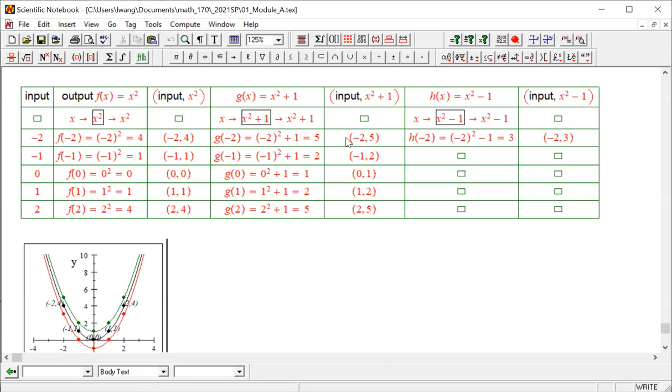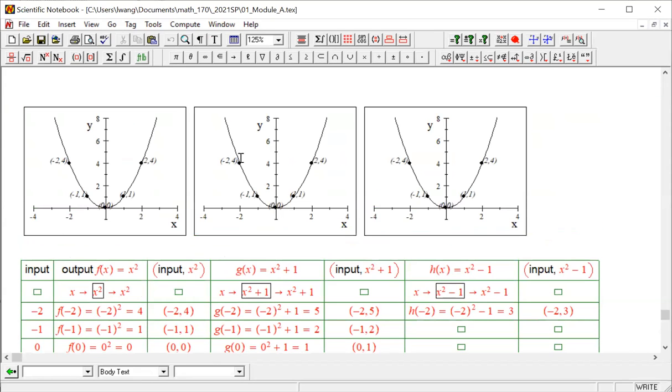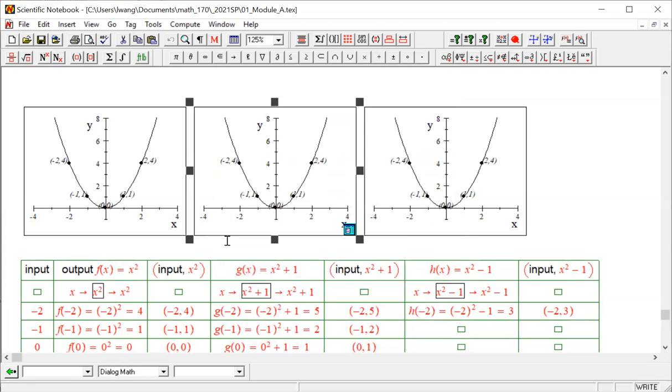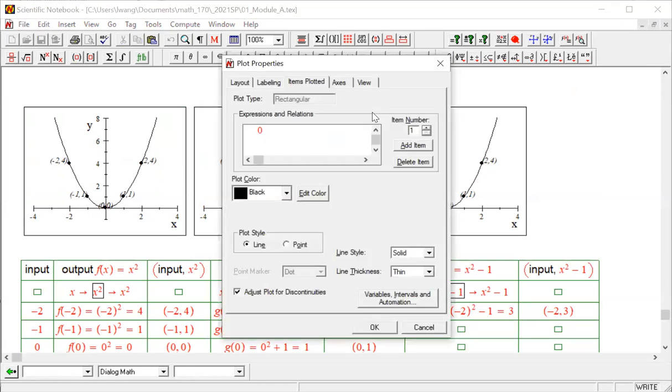Now we're going to put these points on the graph. Please do it with me. Get your paper, pencil. Let's see what color I'm going to use. I'm going to use green.